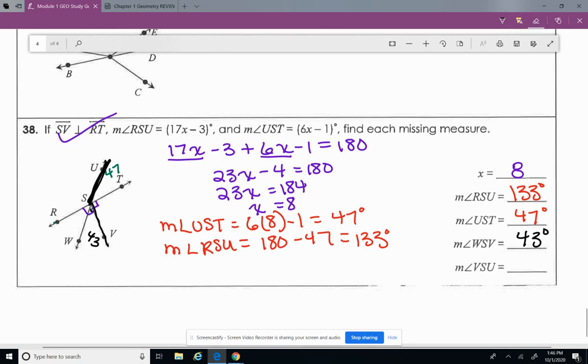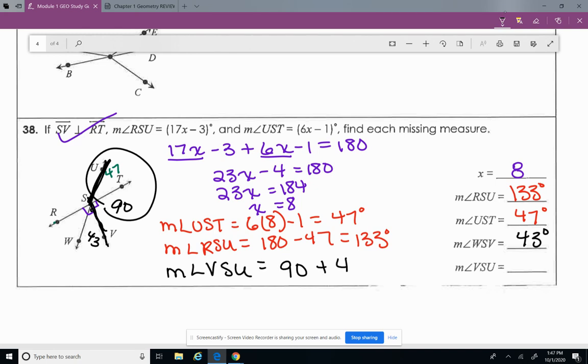Clear this out. 90 is this, right? So if you're going to find the measure of angle VSU, all you're going to do is add 90 plus 47. So that's 137 degrees.